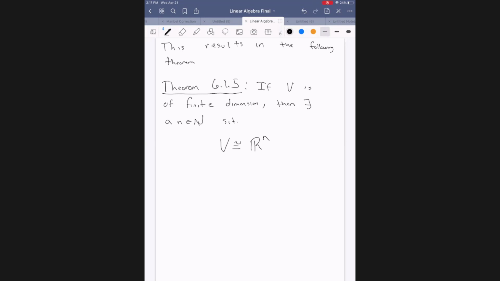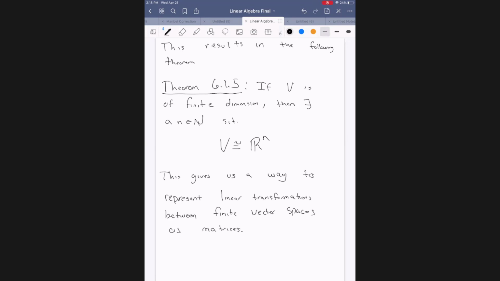So this gives us a way to represent linear transformations between finite dimensional vector spaces as matrices.